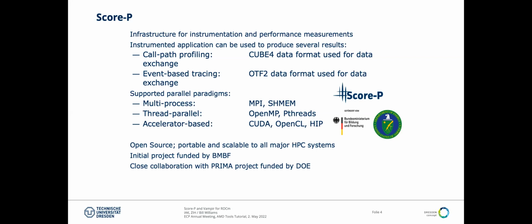We can either build a call path profile with the Cube4 data format, or do tracing with the OTF2 format, which we'll be focusing on tonight. And we support a wide variety of parallel paradigms: multi-process, thread parallel, and accelerator-based.